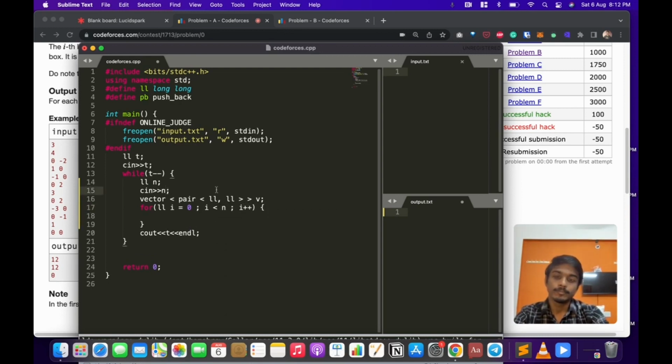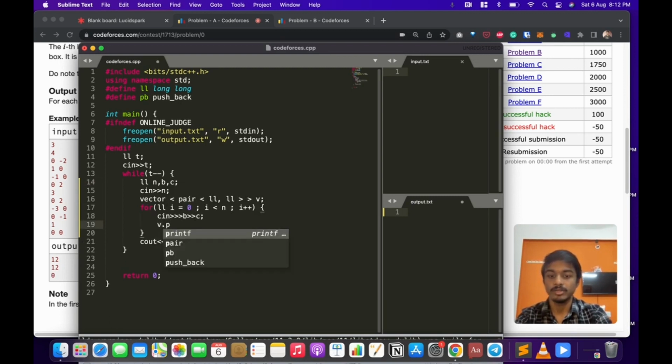Temporary numbers. Okay, so C in B, and I also take the C. Now B dot push back of, I just make B and C as the pair.